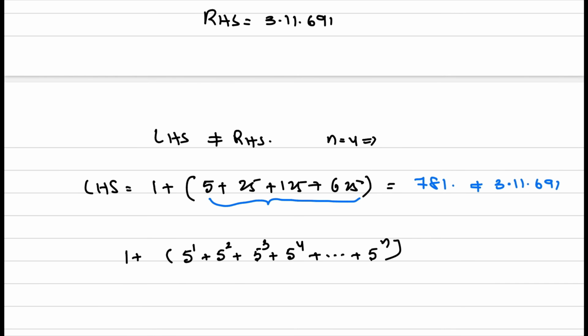Just check up. 5n or something like this particular is divisible by 5.